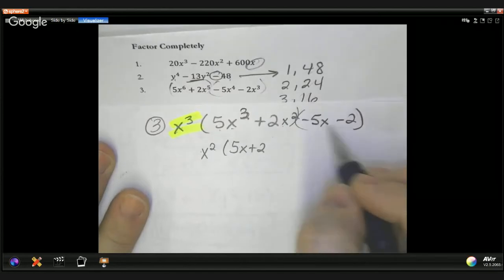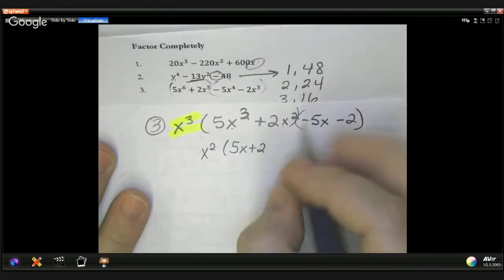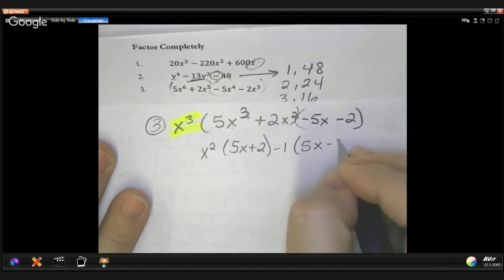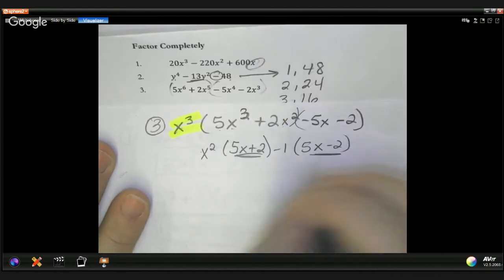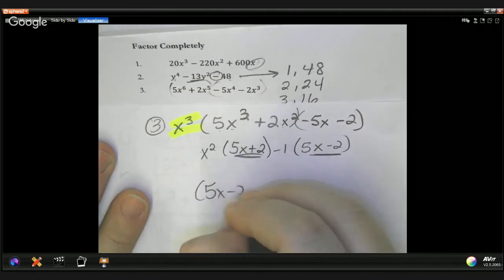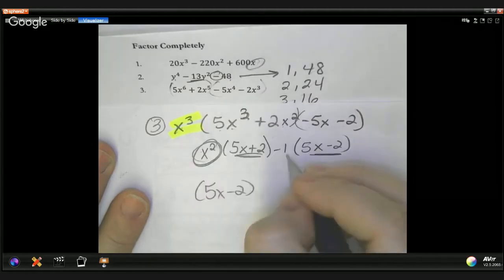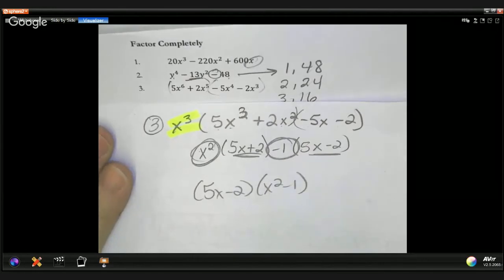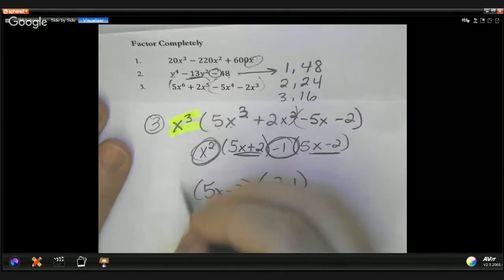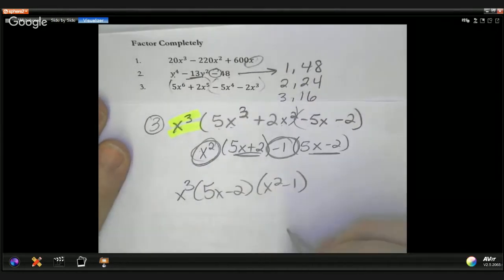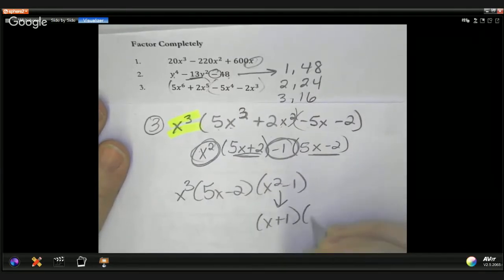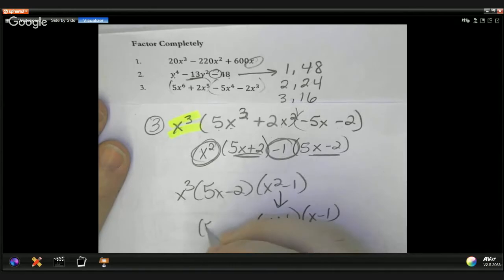Now the number that goes into negative 5 and negative 2, well, that's just a negative 1, which is 5x minus 2. So I have the same term, so it's 5x minus 2. My front numbers are x squared minus 1. And then the last thing I need to do is bring down the x to the 3rd. And actually, it's not the last thing because I also have to factor this: plus 1 and minus 1. And I'm going to bring everything else down.